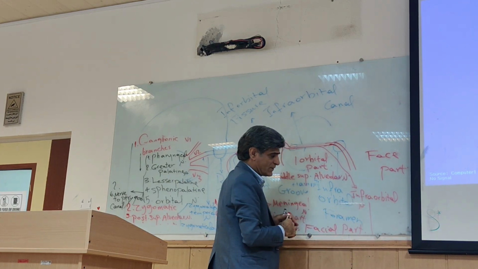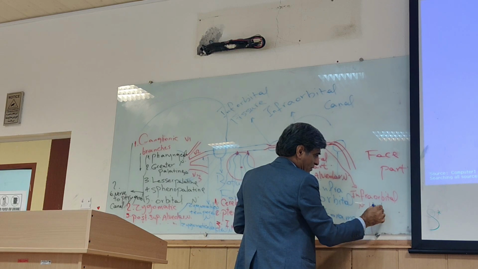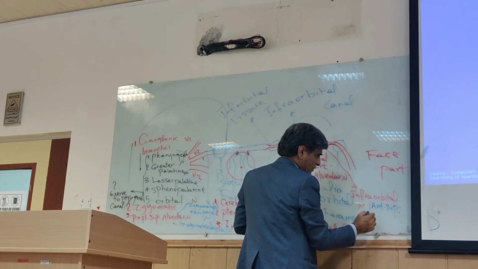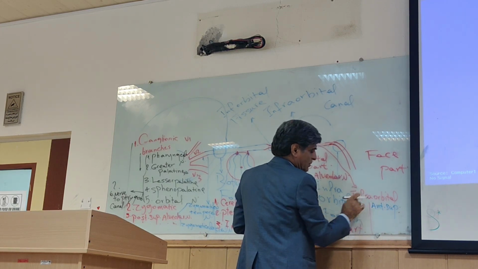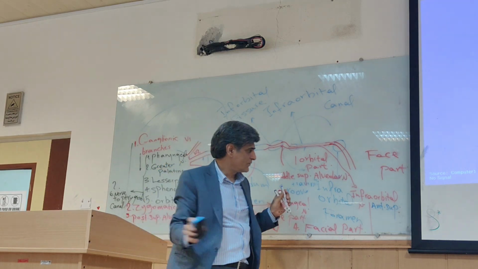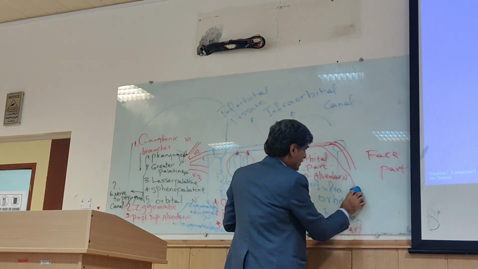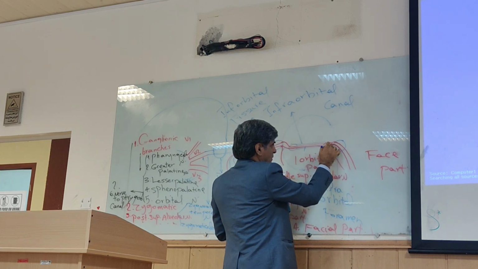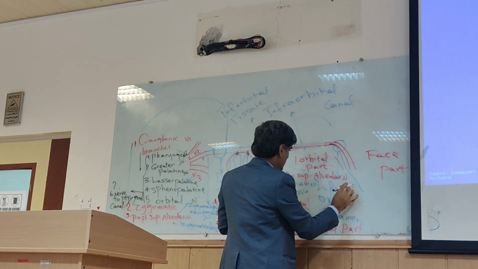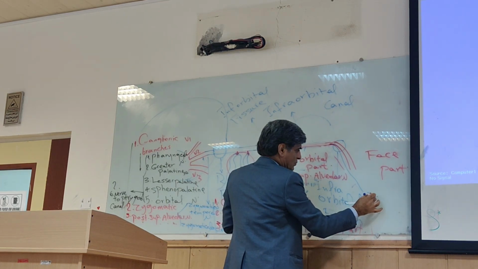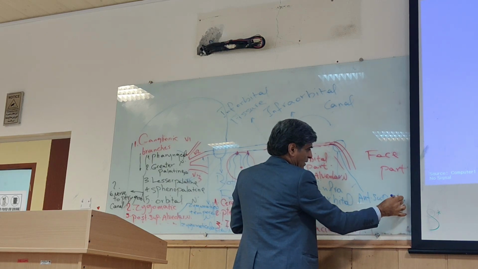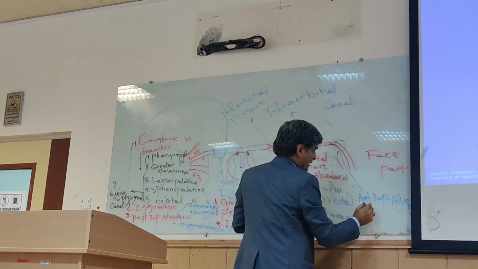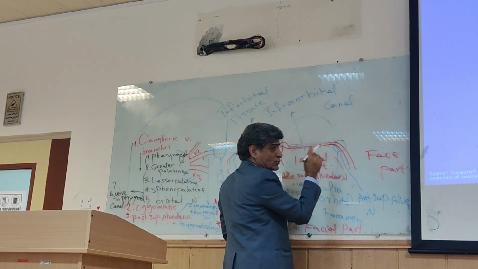Infraorbital nerve branches from anterior, superior. Oh no, just the infraorbital part, and then one branch. This branch, anterior superior alveolar nerve. This part, facial part.